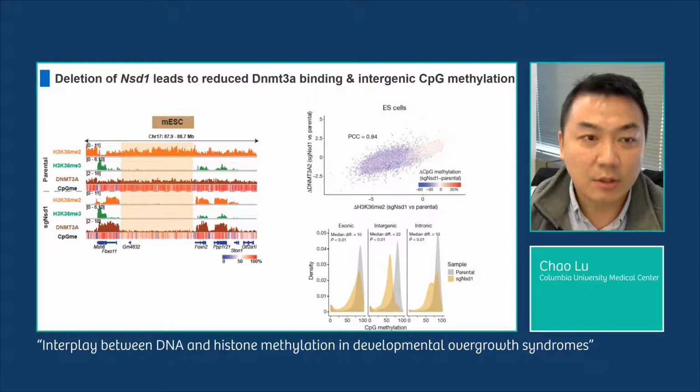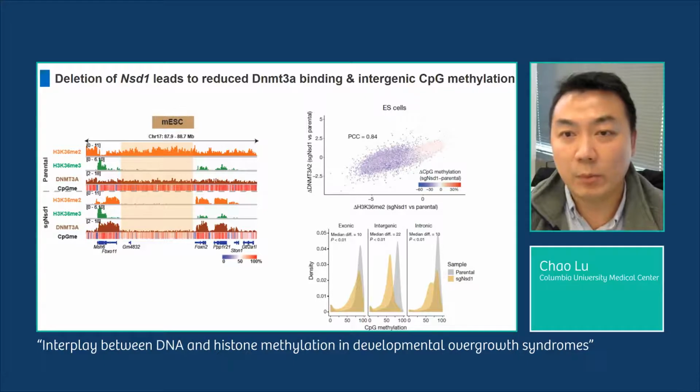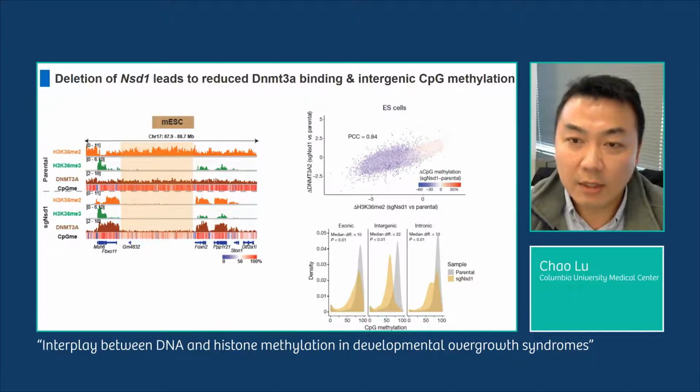H3K36 dimethylation. When we look at Dnmt3a binding, we notice that, correlating with the loss of H3K36 dimethylation, the intergenic binding of Dnmt3a is largely lost, and Dnmt3a actually redistributes into genic regions. This is again supported by the genome-wide analysis shown on the right part, where we see a co-occurrence between the loss of binding of Dnmt3a, the loss of H3K36 dimethylation, as well as the loss of DNA methylation.